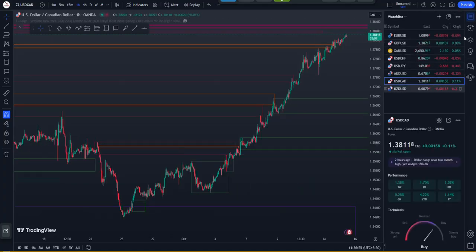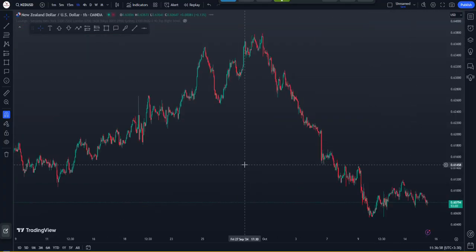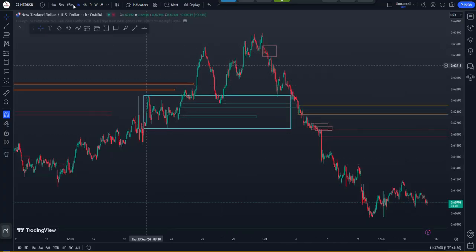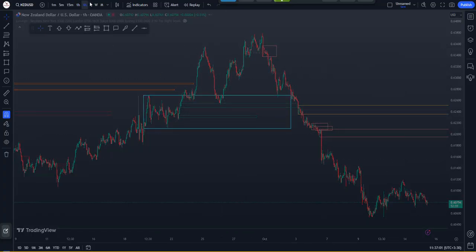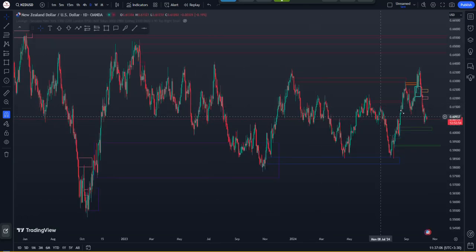So going to New Zealand dollar, and in New Zealand dollar we can see this high reached that level here. These important levels existed here. Price is jumping down. This is going to work. This works too sometimes.